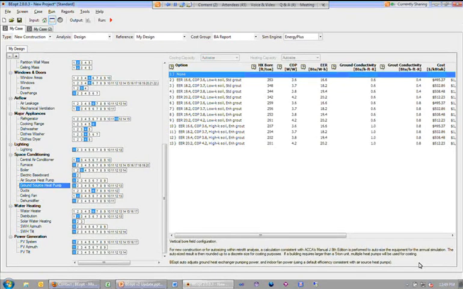So that's to say that if you were in a favorable situation with high conductivity soil and enhanced grout, you would have fewer feet of auto-sized ground heat exchanger and therefore a less expensive system. And so this is what BEopt is doing, kind of designing the system according to best practice.